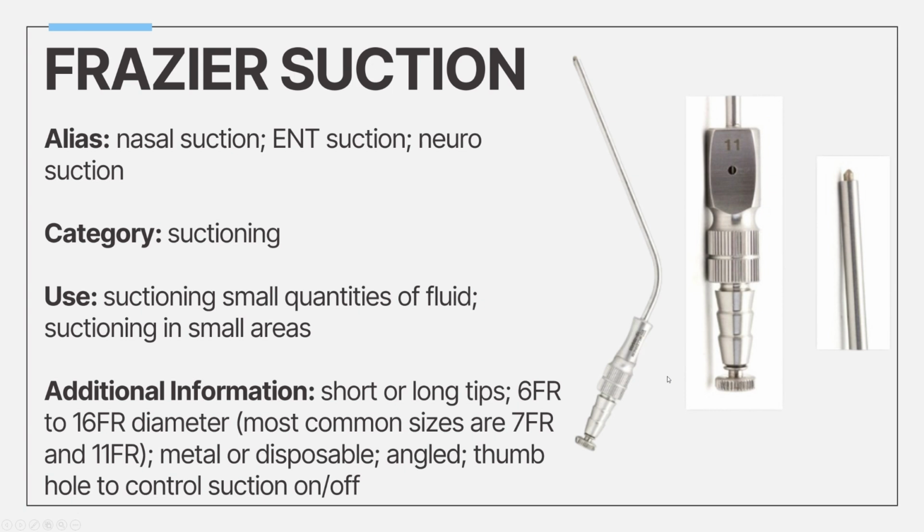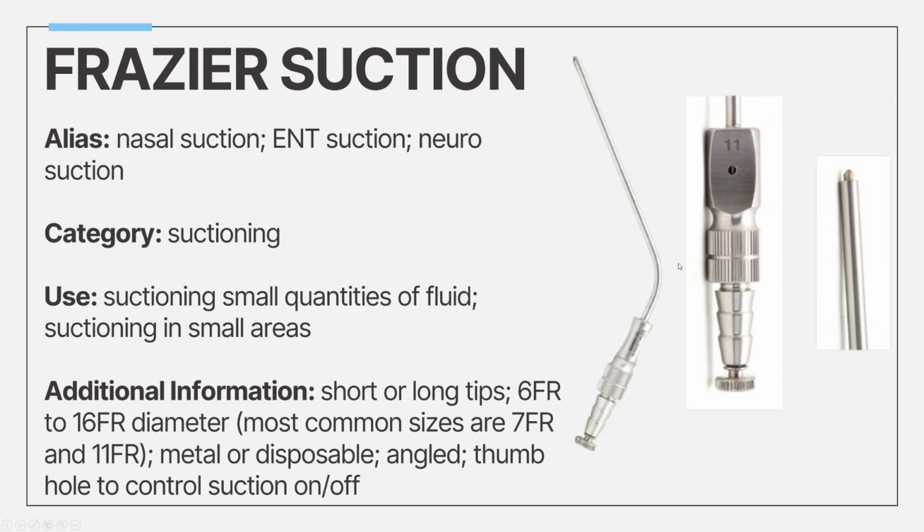And these actually have a lot of diameter sizes. So it could range from very small holes like 3 French all the way to, I think the biggest I've ever seen was 13 French.